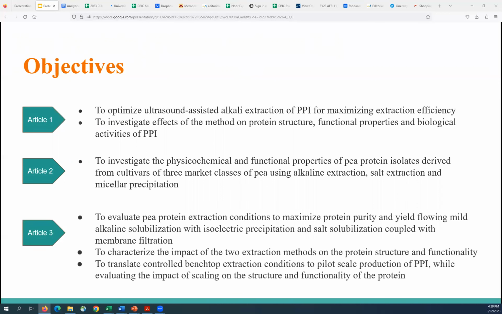Article 3 is to evaluate the pea protein extraction conditions to maximize the product purity and yield using alkaline and salt extraction, to characterize the impact of 2 extraction methods on protein structure and functionalities, and also to translate controlled benchtop extraction conditions to pilot scale production of pea protein isolate and to evaluate the impact of scaling on structure and functionality of the pea protein.